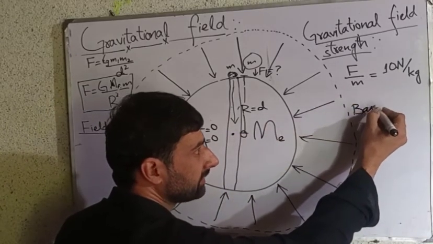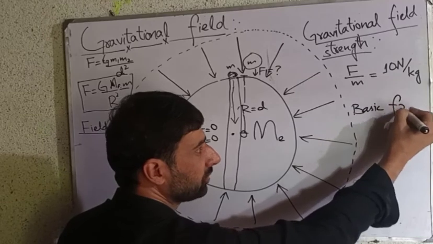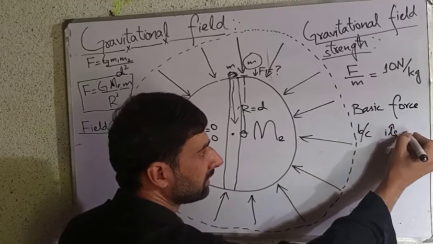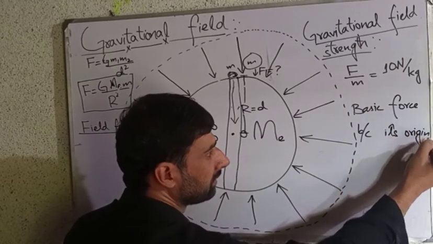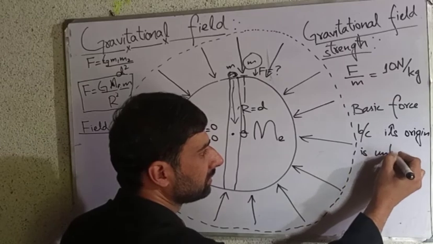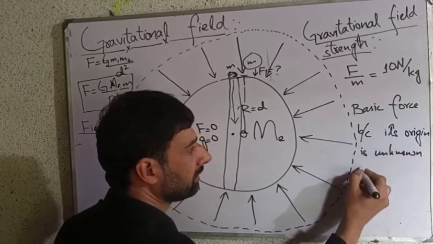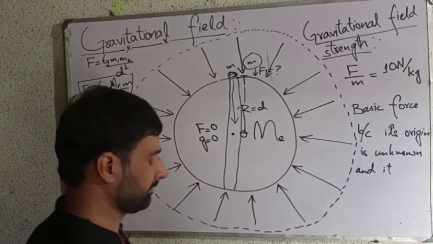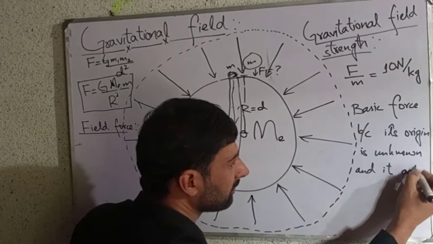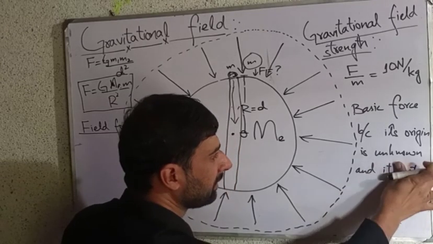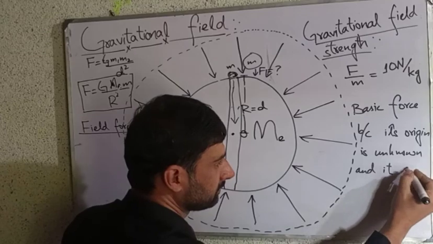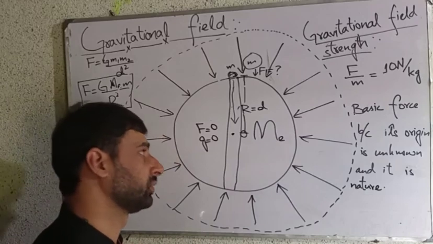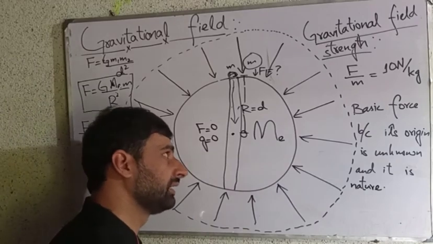So I'm writing its key points here, that it is a basic force because its origin is unknown, and it is a natural force. It is called a basic force because it is a natural force and its origin is unknown.